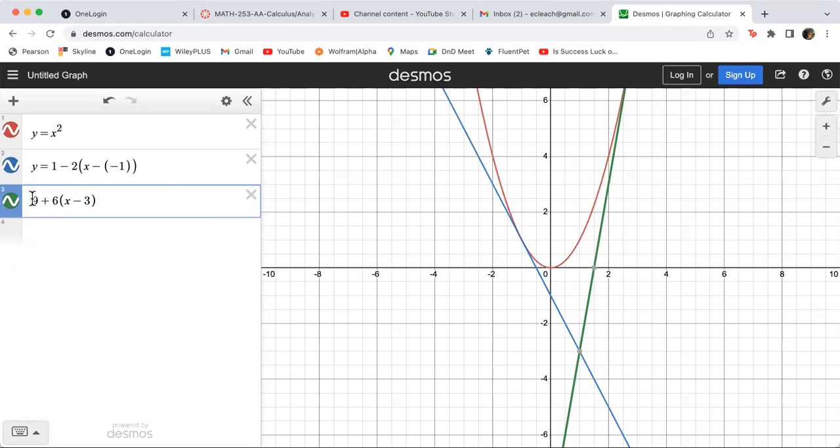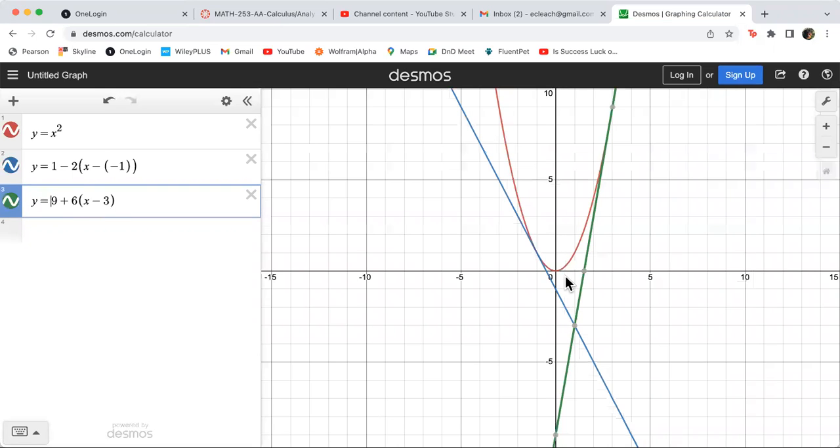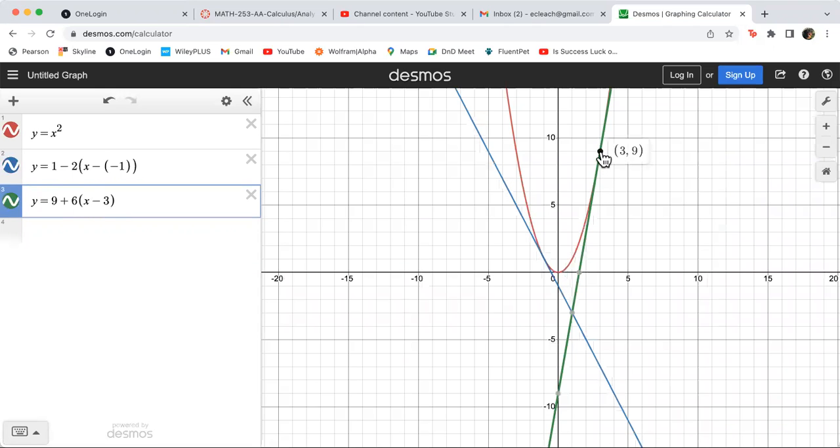There we go. There's the point, 3, 9, x naught and y naught. And here's our slope. We see our slope of positive 6. You see our y-intercept way down here at 0, negative 9. So if we go over 3, we've gone up 18 for a slope of 6.